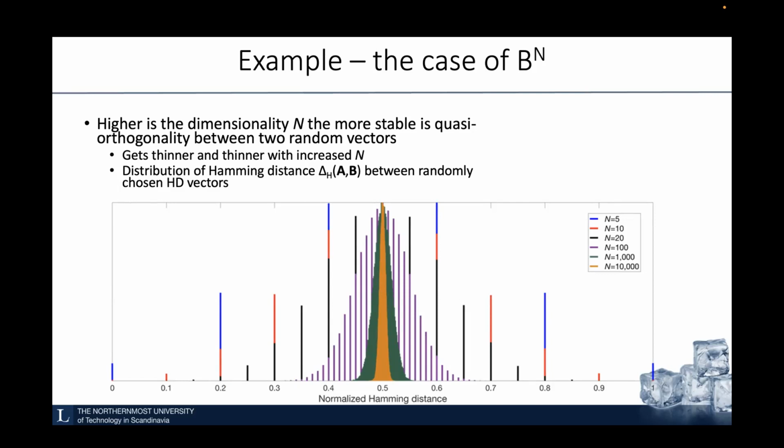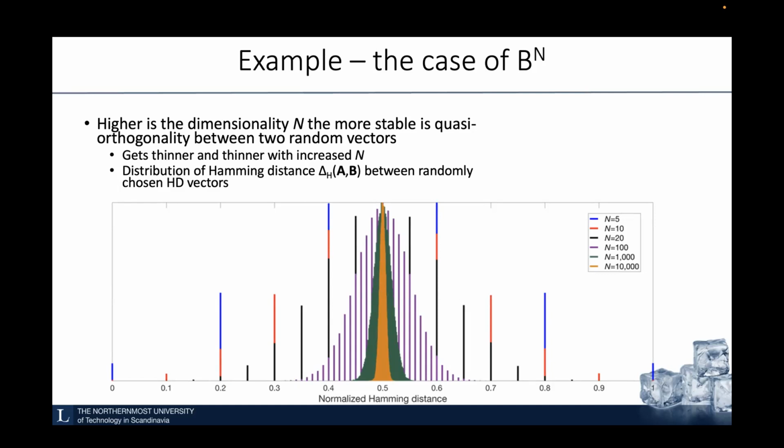Remember, what we do in this kind of experiment is pick a vector of specific dimensionality at random, and then start to collect statistics. So how many vectors are at a certain distance, say cosine 0.5? Here it's written Hamming distance, but there is a kind of mapping to cosine.